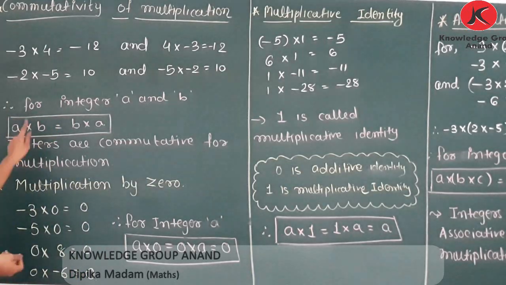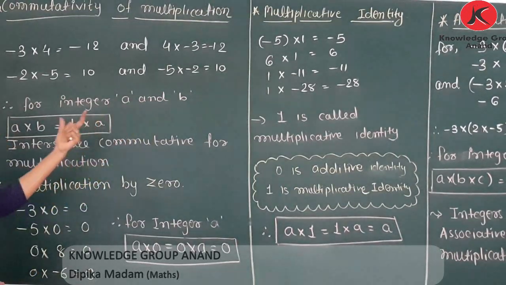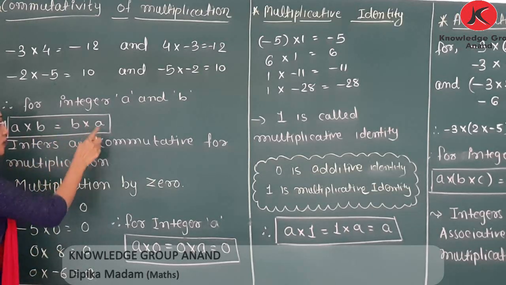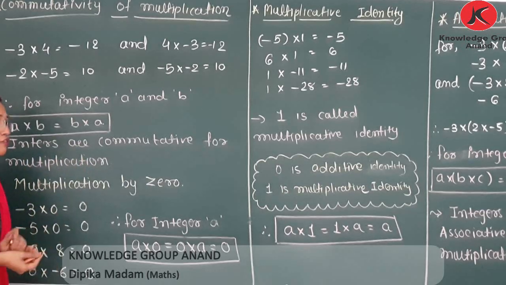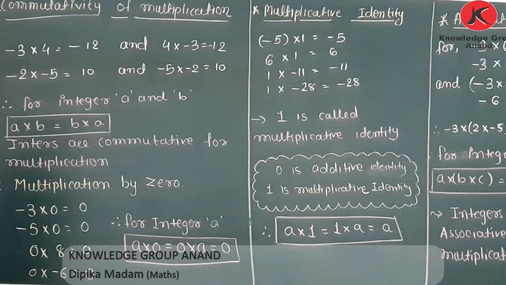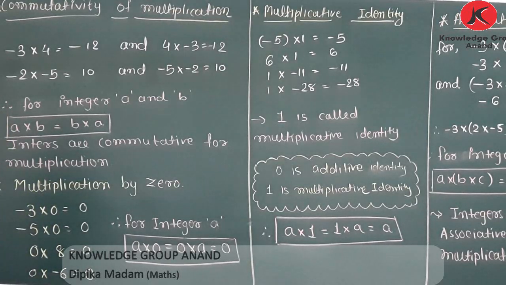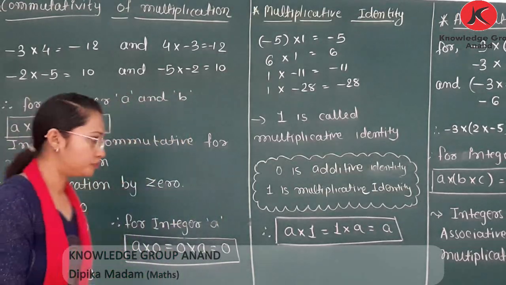So you can write for integer a and b, if you select any two integers a and b then we can write a multiply b is equal to b multiply a. It means integers are commutative for multiplication. Means if two integers are multiplied, you can change their order. -2 multiply 5 is same as 5 multiply -2.